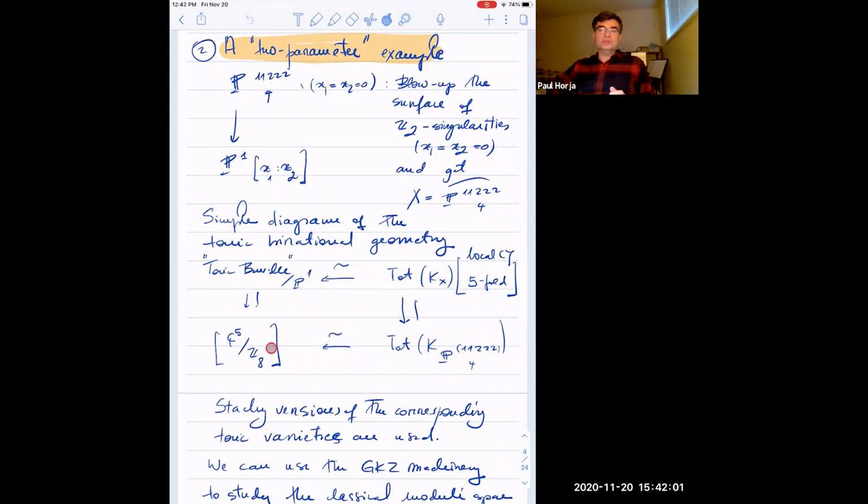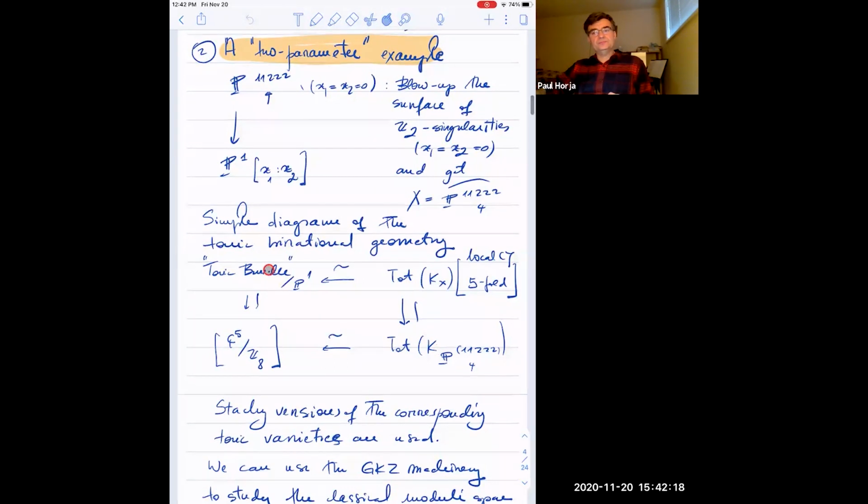Then we have this quotient stack, which in this case is C5 over Z8. And then also something which looks like a toric bundle. I put it in quotes because it's not quite a bundle in the classical sense, but it comes from this projection that I pictured there.